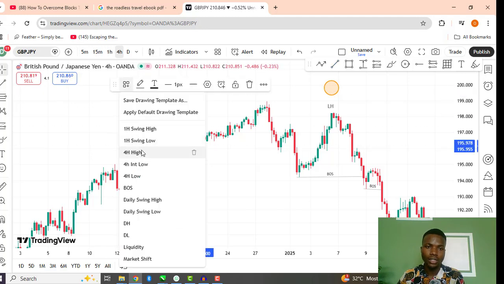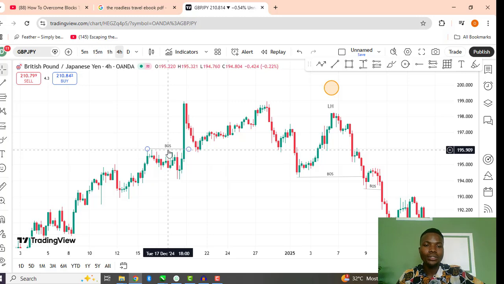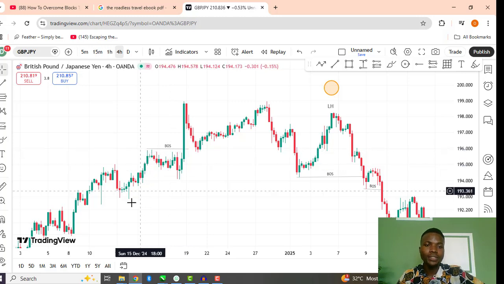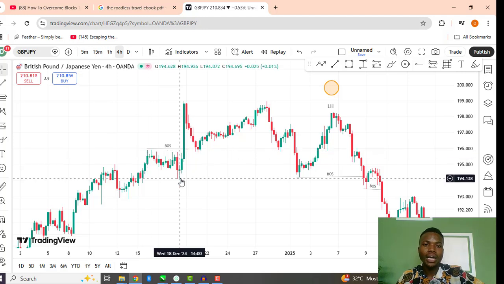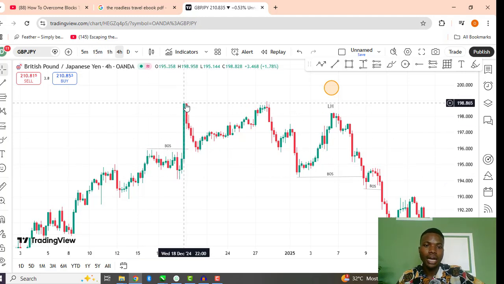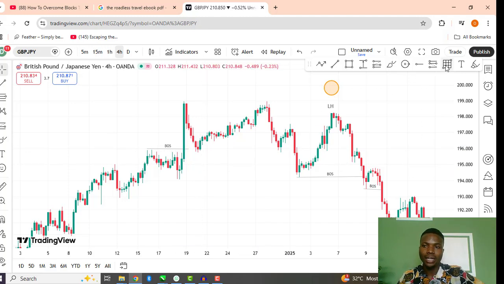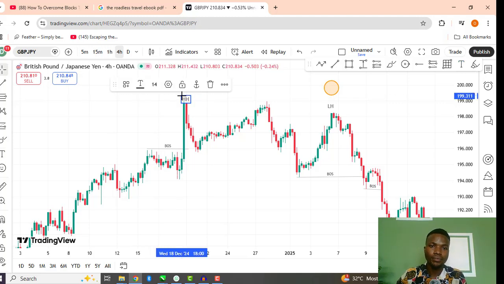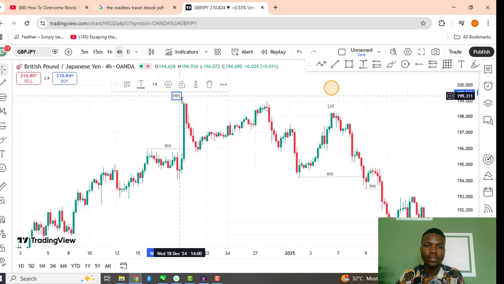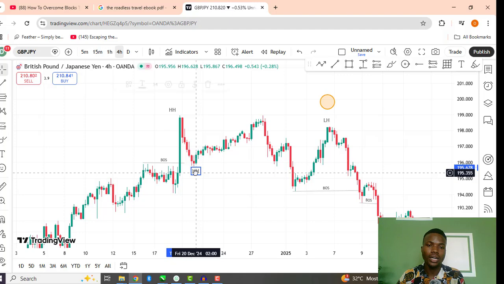One thing you need to understand is that when we mark out our break of structure, it means that we have higher highs and higher lows, then another higher high and higher low. So where is our last higher high and higher low? This is our last higher high, and this is our last higher low.